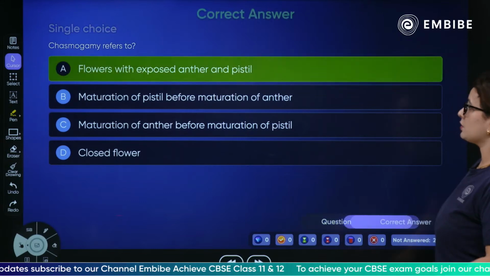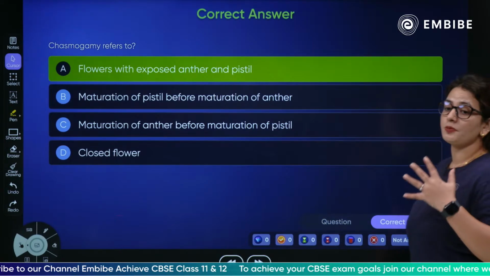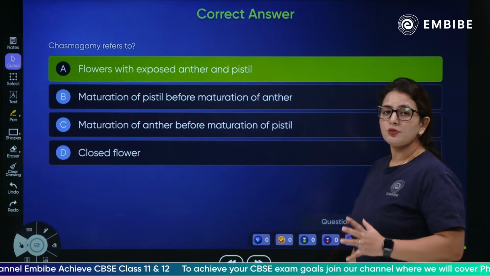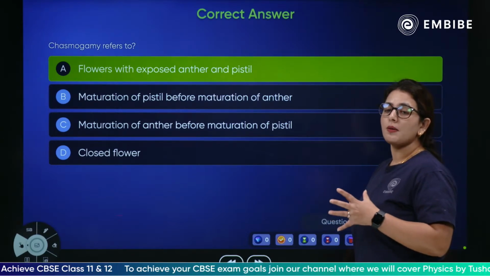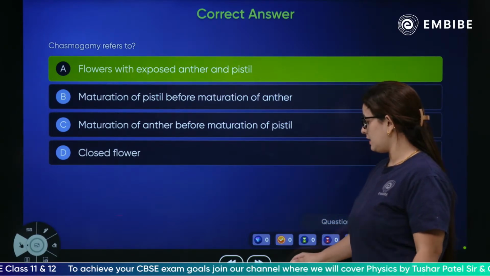The correct answer would be the flowers which have exposed anther and pistil, the open flowers. So chasmogamy refers to the flowers which have exposed anther and pistil.